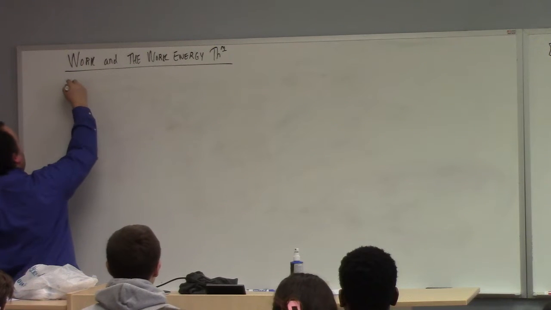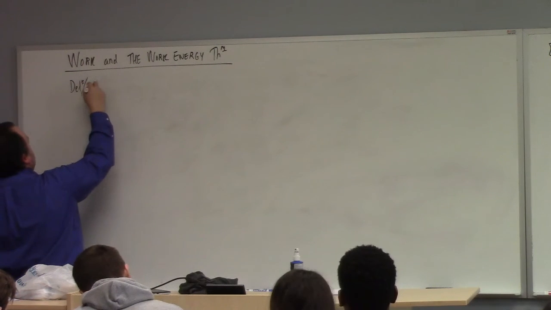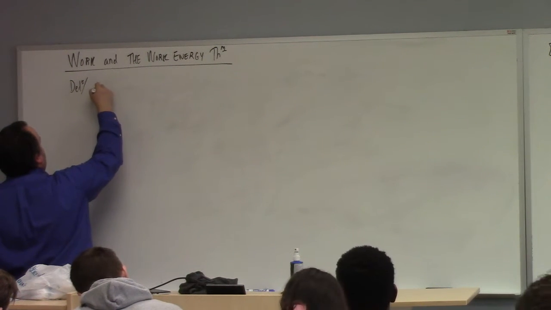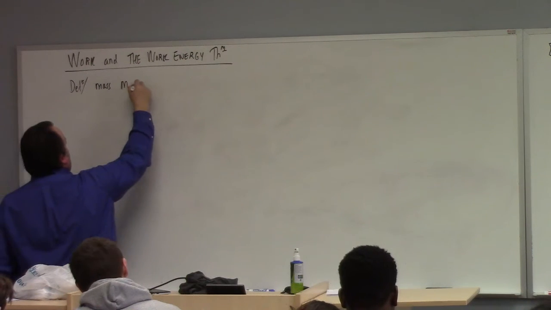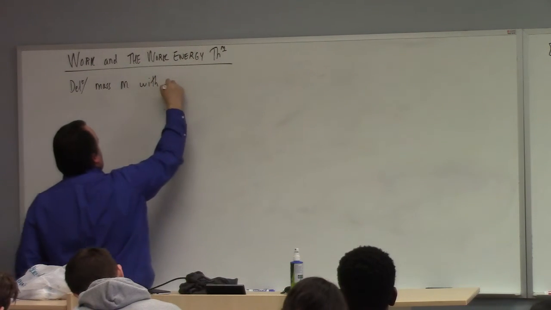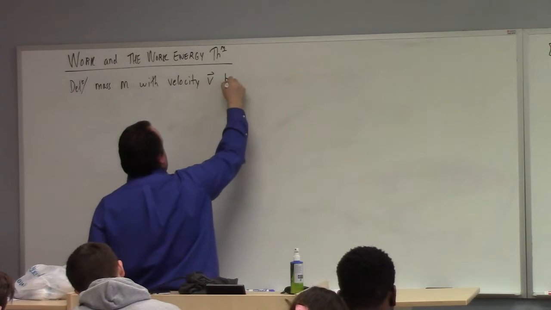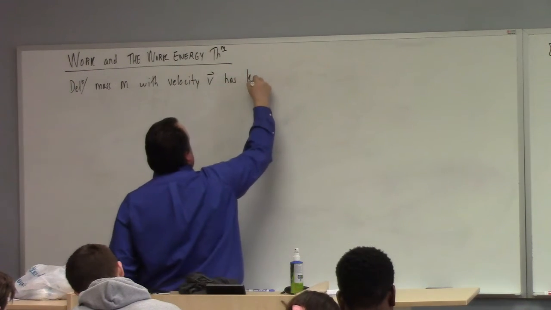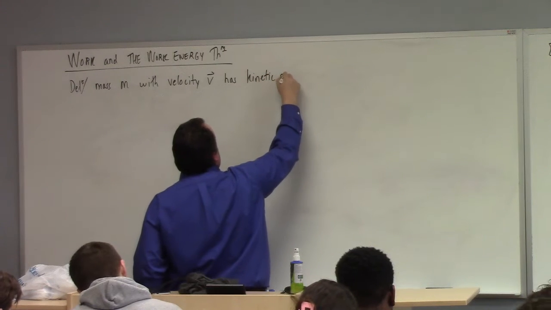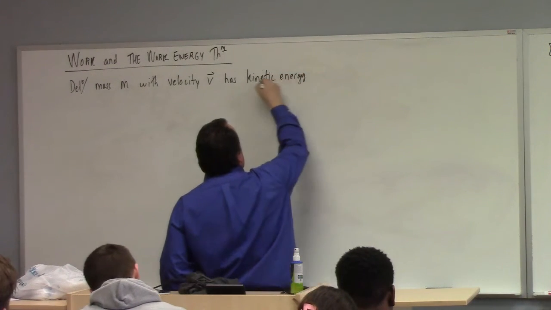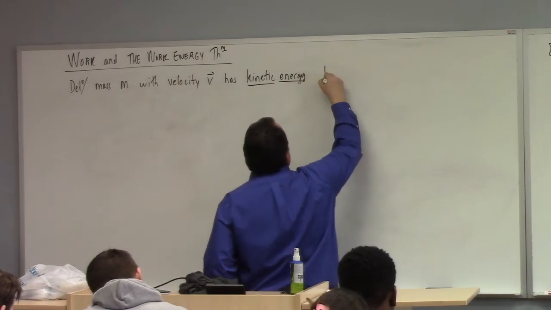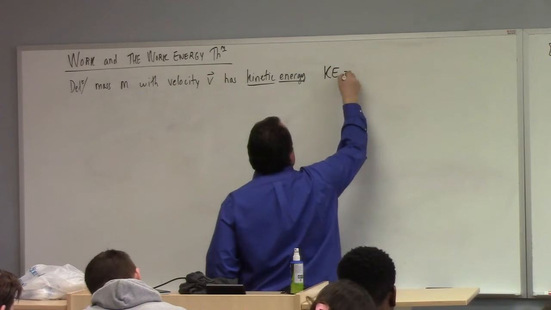So definition, a mass m with velocity v has kinetic energy, and I'll use KE now.